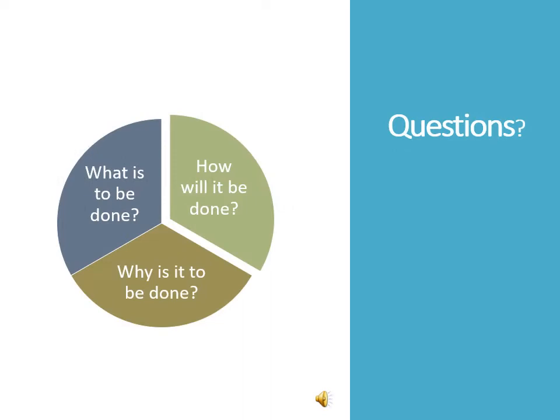To summarize what we just mentioned, we have a pie chart with 3 key sections: what is to be done, how will it be done, and why is it to be done.